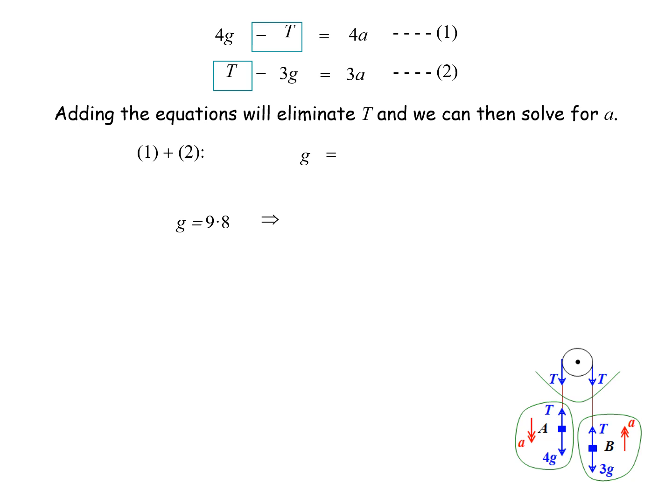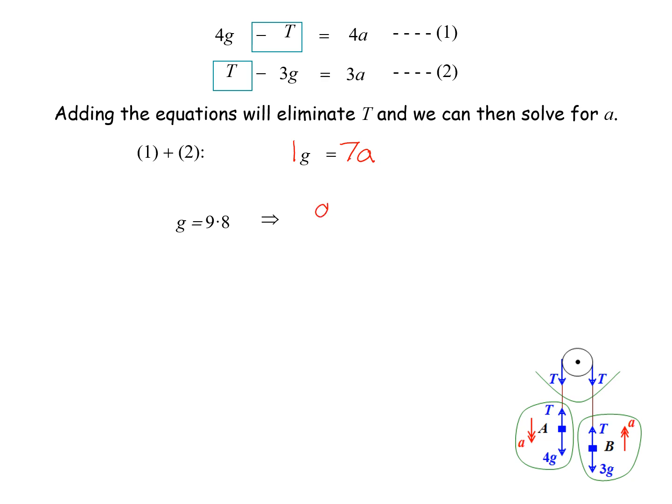To solve these, we could do them by hand by adding equation 1 plus equation 2. That would give me 4 minus 3, which gives me 1G. Adding those, I'll get 7A. And then I know that G is 9.8.